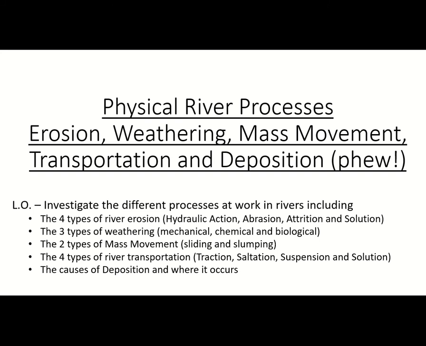At coasts, waves are the main or the dominant erosive agent when it comes to changing the coastline, whereas you don't get waves in rivers, or if you do, they're not significant enough because rivers aren't driven by the wind, whereas waves are. Rivers are driven by another force, gravity, and gravity will vary along the course of a river, but we're going to do that in another session.